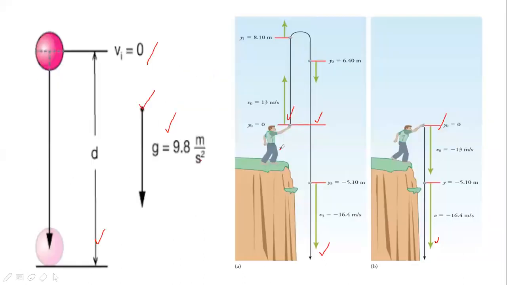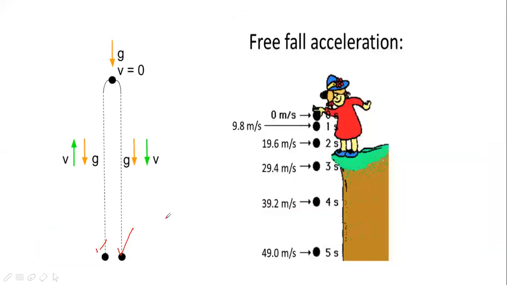And in downward motion, initial velocity will be 0, g will be positive, and final velocity will be maximum. Free fall acceleration is shown in the figure. Both upward and downward motion is shown in the figure. Gravitational acceleration will always be in the direction of gravitational force.